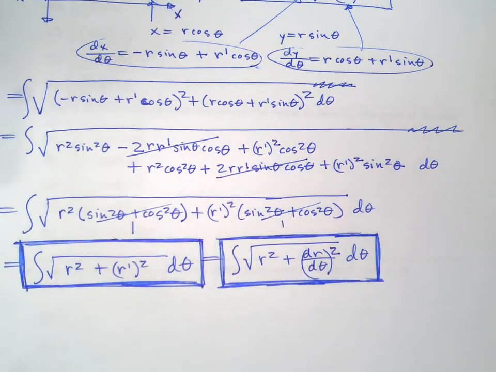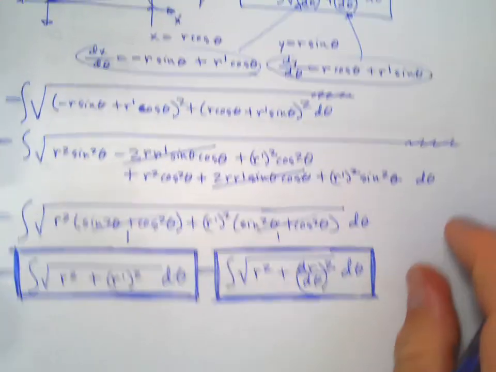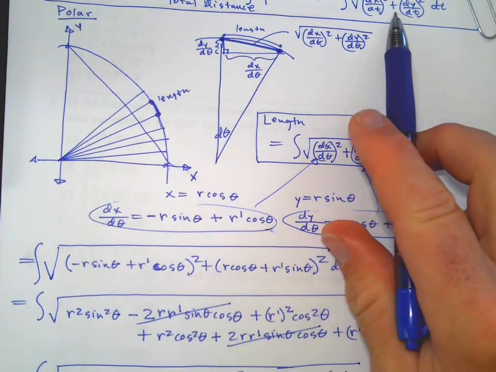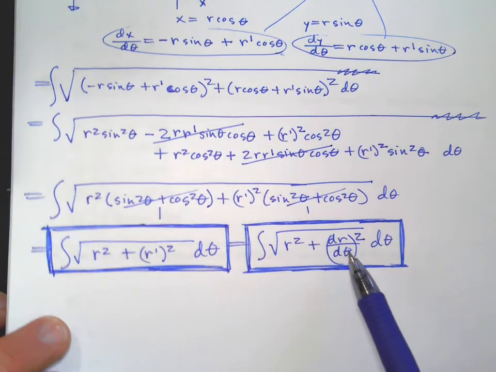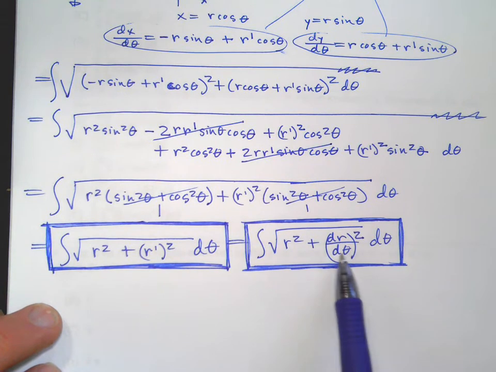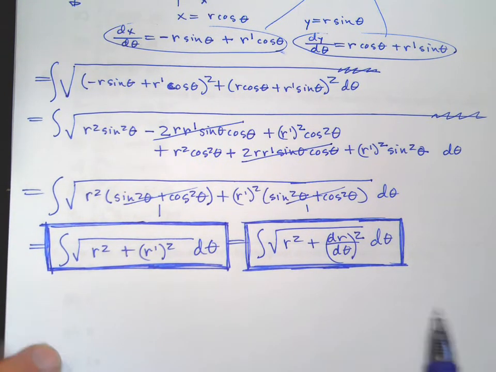So that's it. This is what we want to use. This one would be easy to remember because it looks almost exactly like a parametric one, but it's just really hard to use. It still has a derivative inside squared, and it has an r squared, so it has a square root. So it's very similar to the other one.